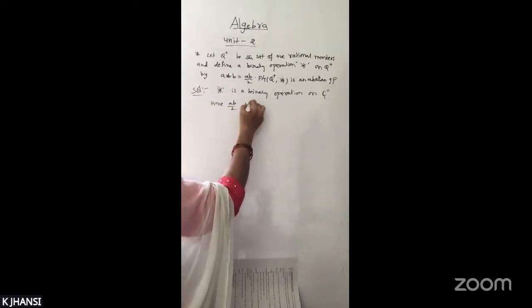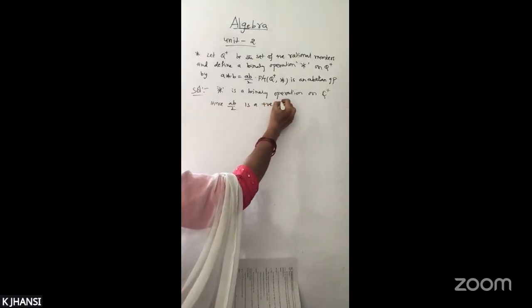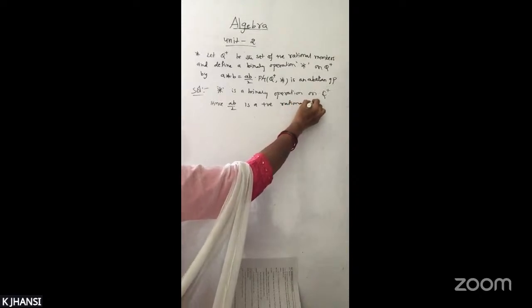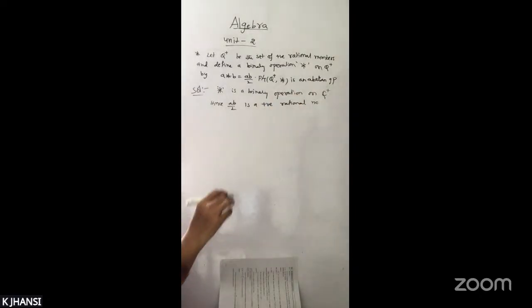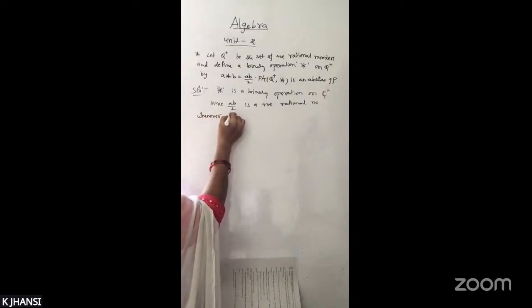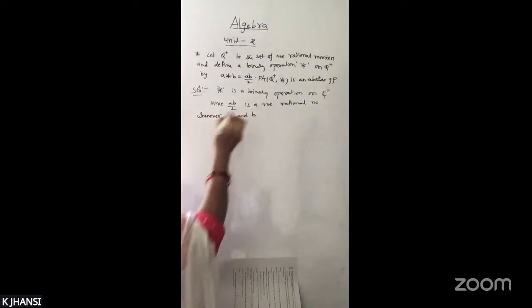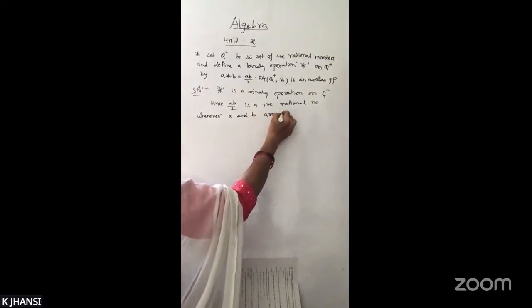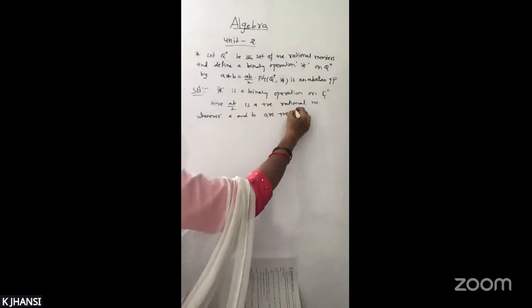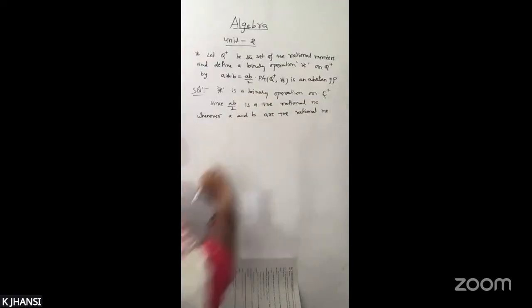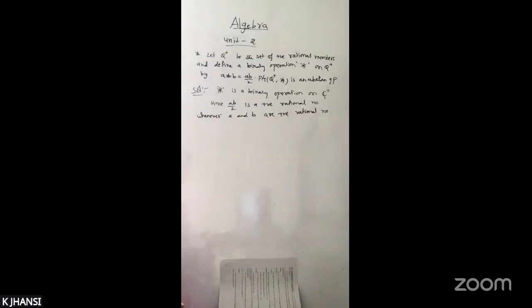Star is a binary operation on Q plus, since AB by 2 is a positive rational number whenever A and B are positive rational numbers.